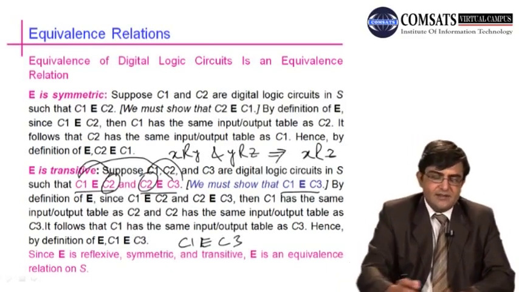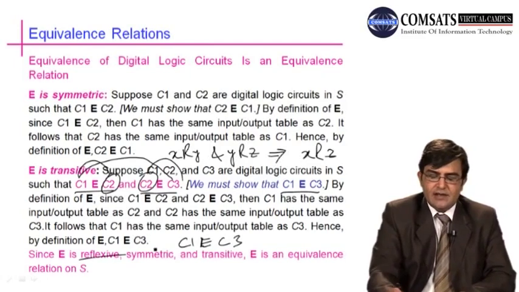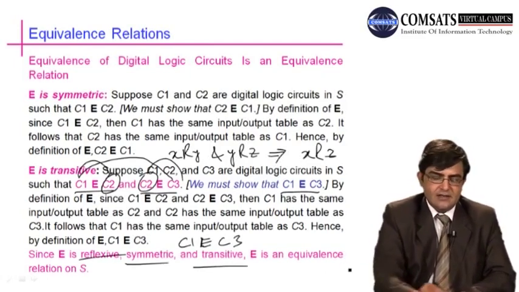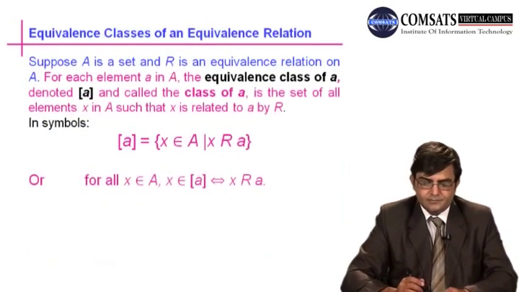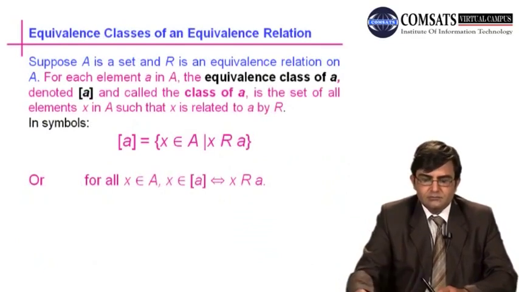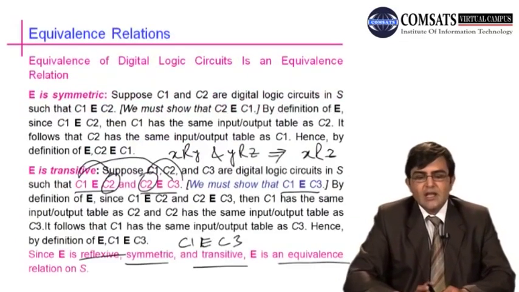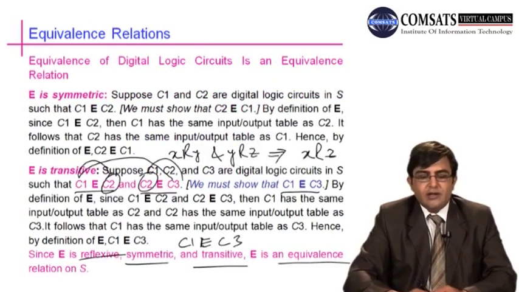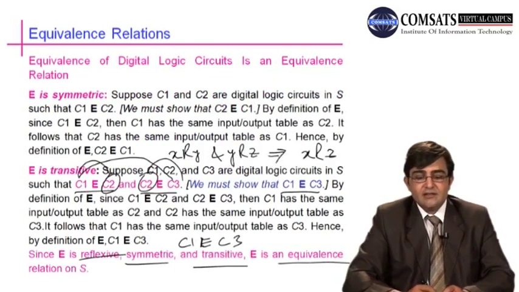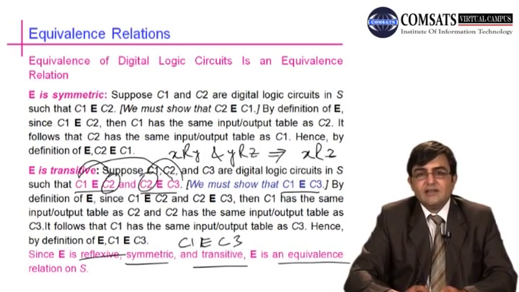Therefore E is reflexive, symmetric, and transitive, and therefore E is an equivalence relation. So we have seen another example in which we proved that the relation E, defined on digital logic circuits, is an equivalence relation.